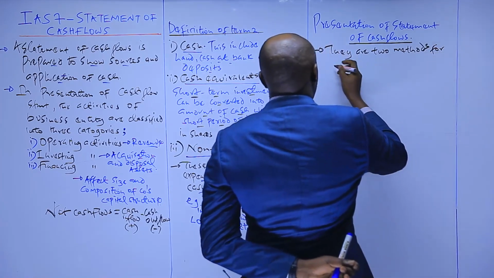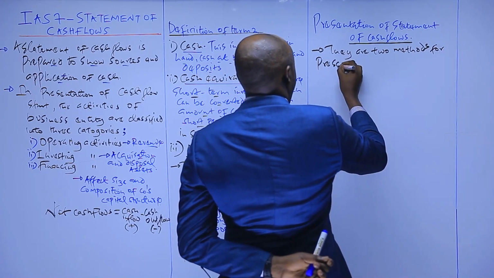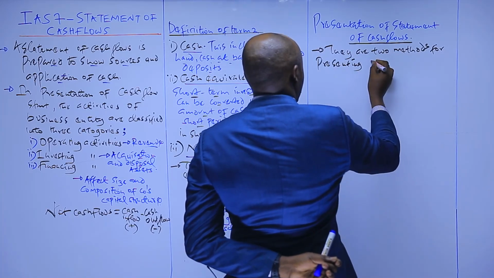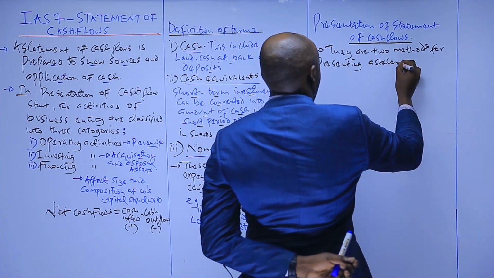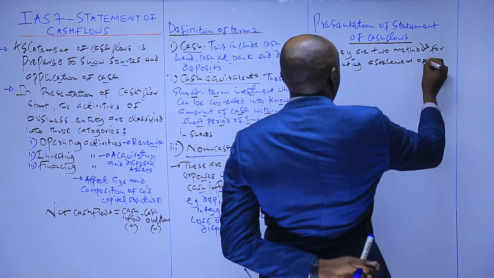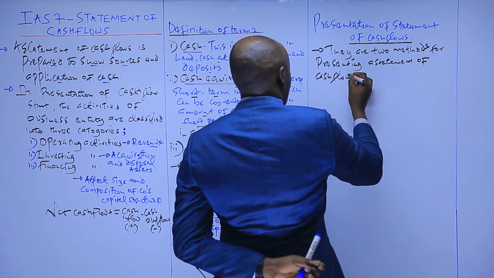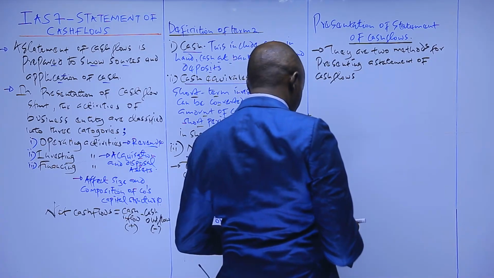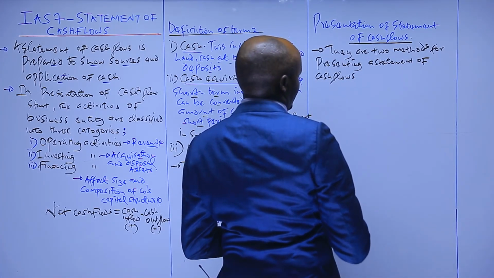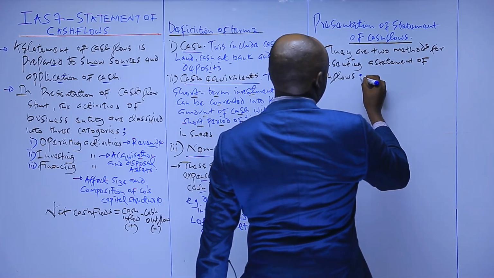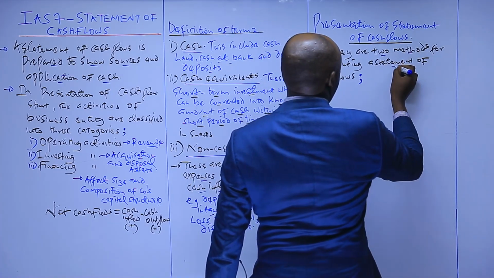Two methods for presenting a statement of cash flows. Which are those two methods?